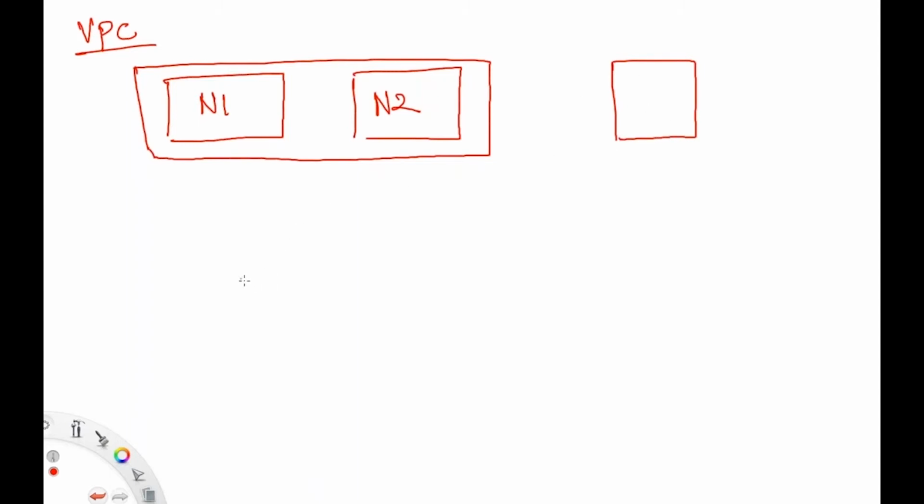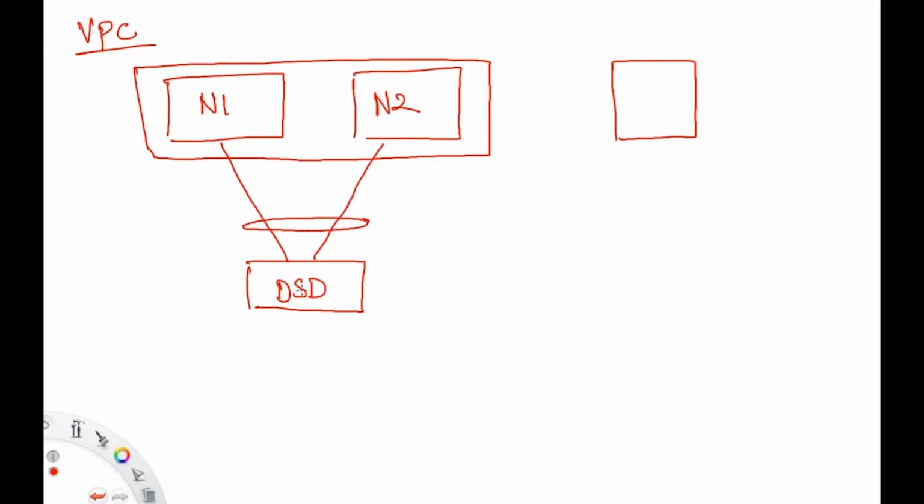Now, one more thing is VPC overcomes that limitation of port channeling. How? Your downstream device must always be port channel connected to both of these Nexus switches that have been configured for VPC.